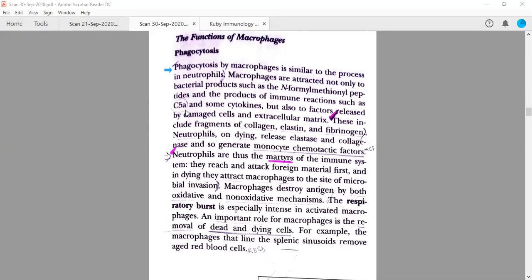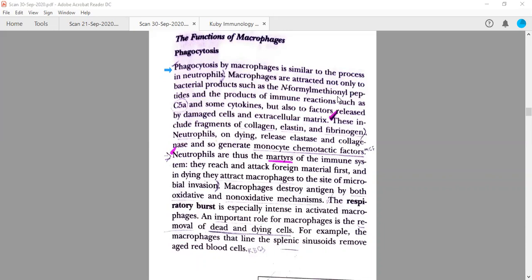As I told you in the previous classes, generally the phagocytic cells move by crawling movements. So they reach the site of infection by chemotaxis. So what kind of factors are going to attract these phagocytic cells? They are generally the N-formyl methionine peptide, because the proteins which are present in bacteria are N-formyl methionated.